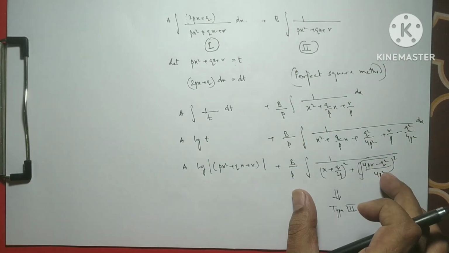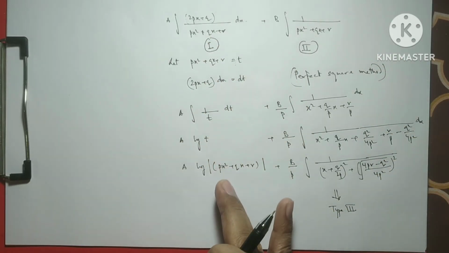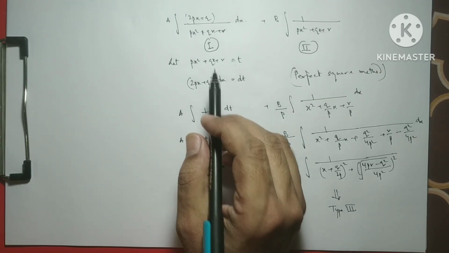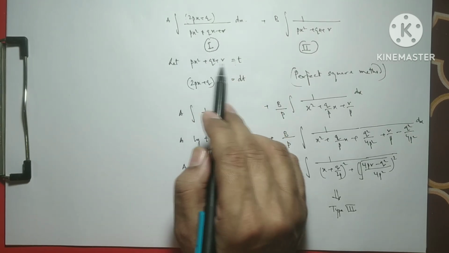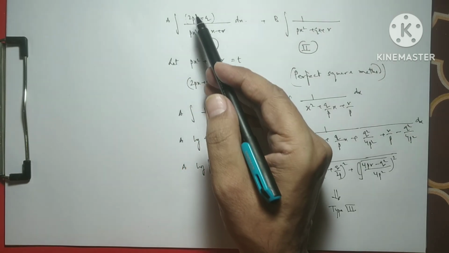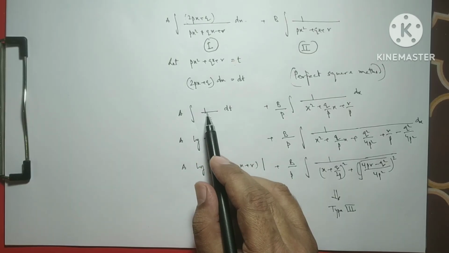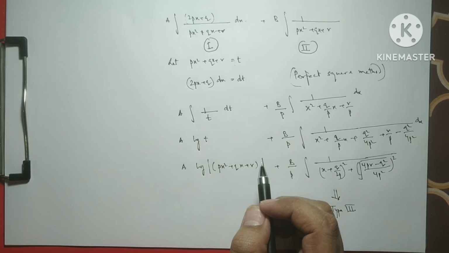This is a simple one as earlier questions, but this is now the modified part. You should know that when you consider t as the denominator and its differentiation is in the numerator, this always converts into 1 over t dt.